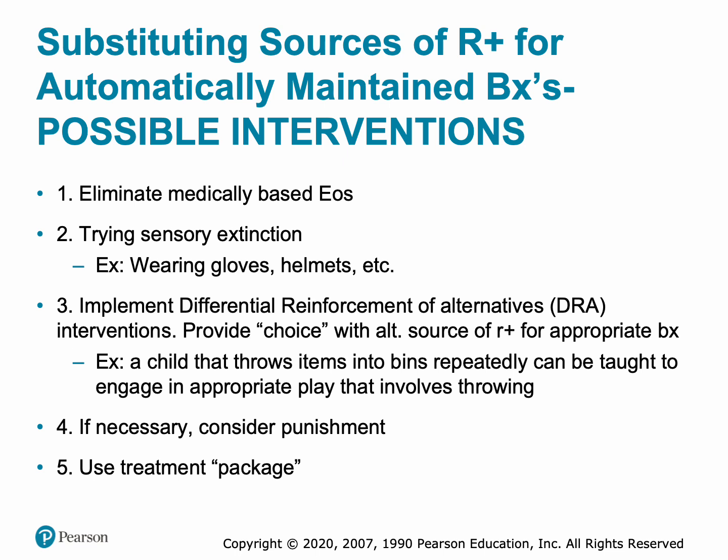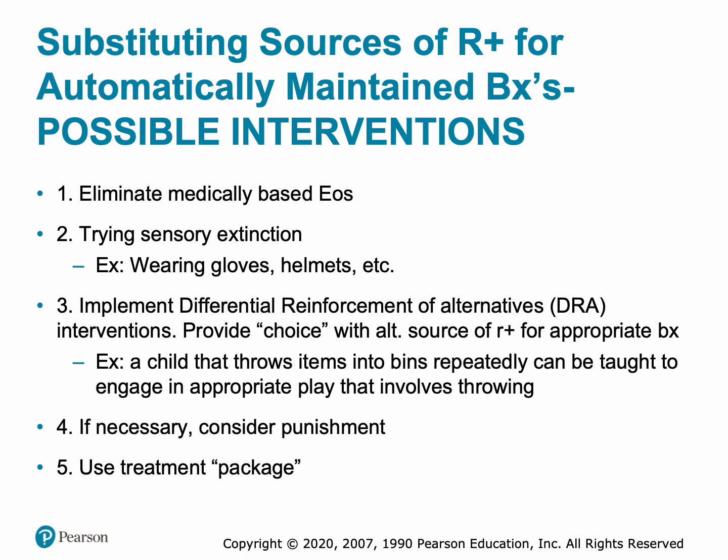If necessary, we would consider punishment. Again, I've talked to you guys about ethical considerations. Punishment is not an intervention that you would want to use as your first intervention, but if you're not able to find a source of reinforcement for the particular behavior, then punishment might be an appropriate intervention.